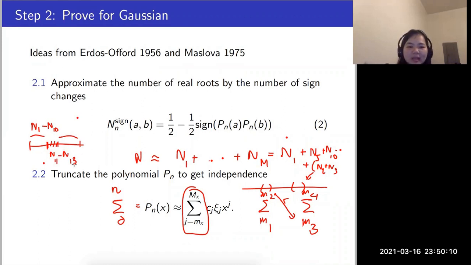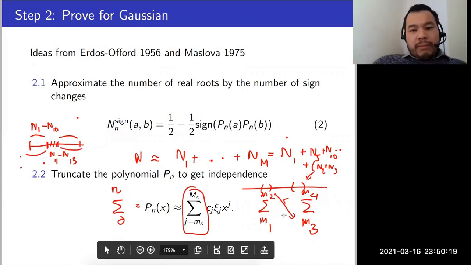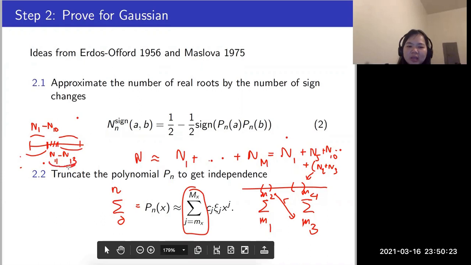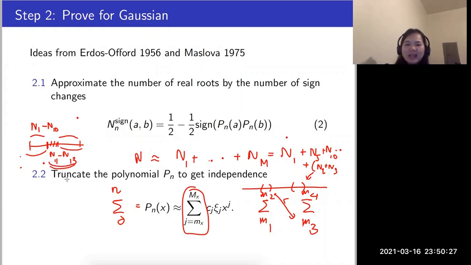The ones that we omit are small enough that these guys are independent, such that this picture works. And the ones that we omit are small enough that they are negligible. So that's the idea of the Gaussian case.